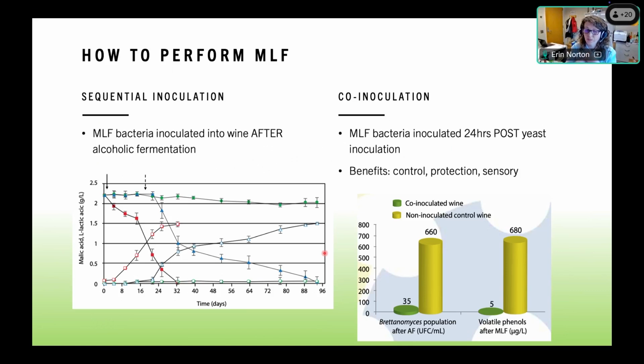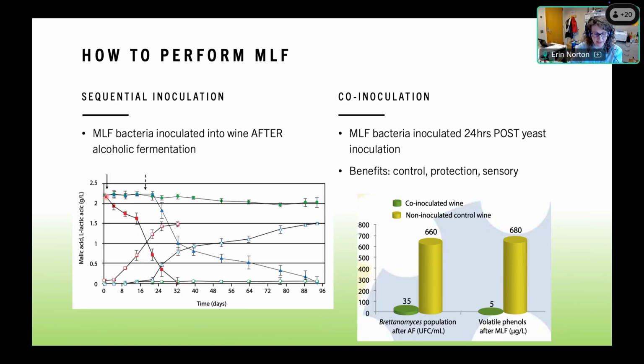I did want to point out a couple of charts here at the bottom. This is from Lallemand, I'm pretty sure, who is a yeast and bacteria company. They did some studies. On the left, look at these closed red squares. That is co-inoculation. This is the amount of malic acid.